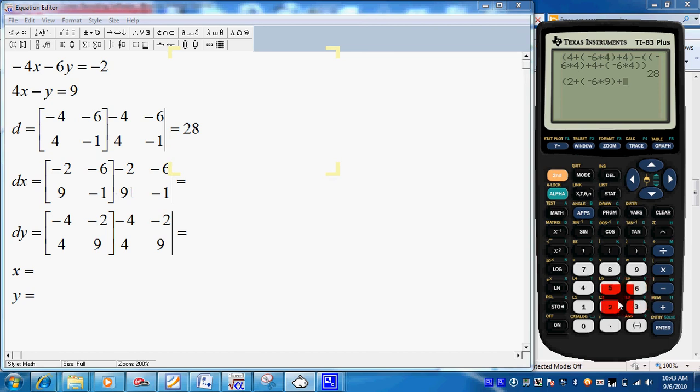We're not done yet. We have to subtract and do it the other way around, just like we did before on the other determinant. So negative 6 times 9, plus 2, plus another negative 6 times 9.